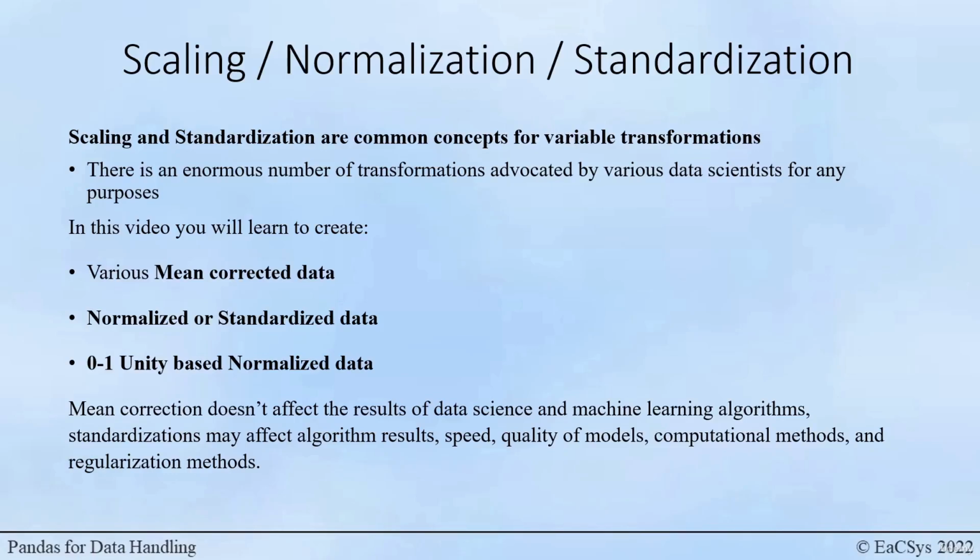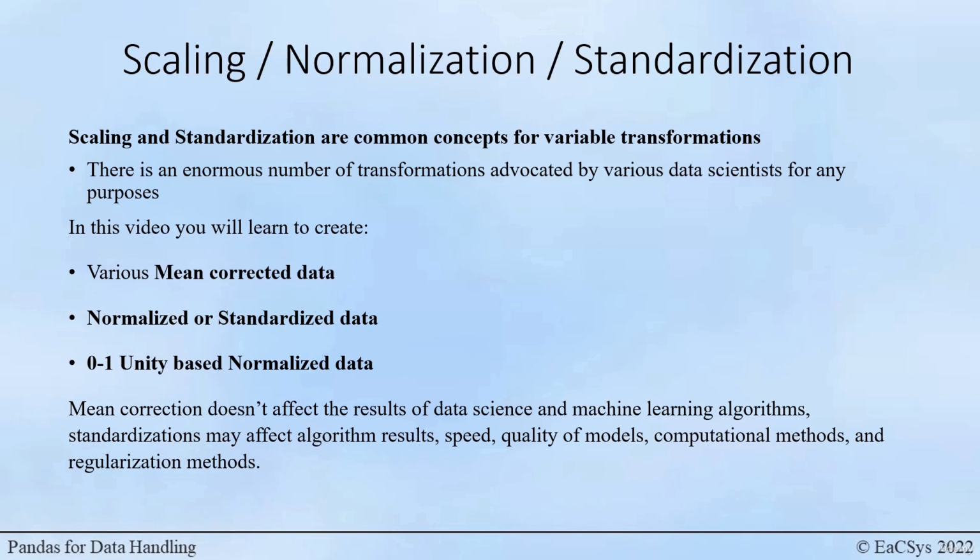All right, so what is scaling and standardization? Scaling and standardization are common concepts for variable transformations, usually but not exclusively of the linear type. There is an enormous amount of transformations advocated by various data scientists for various and any purposes.